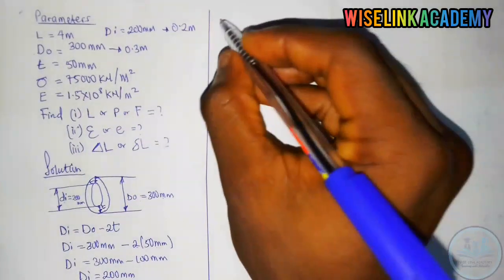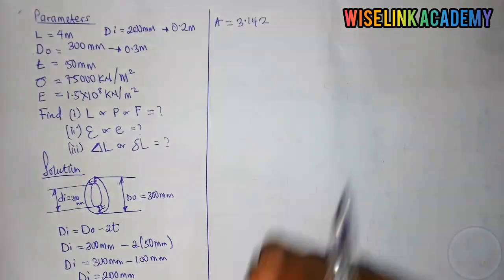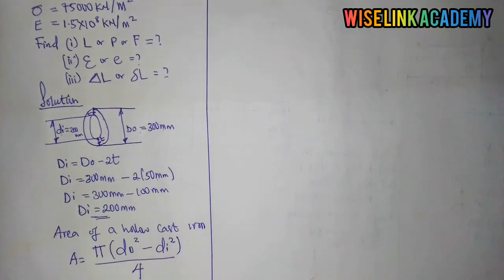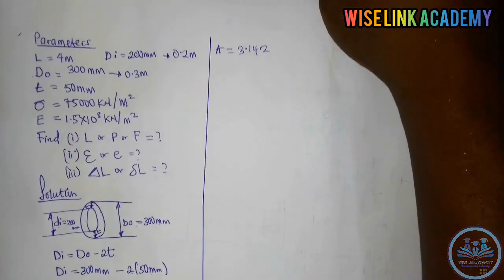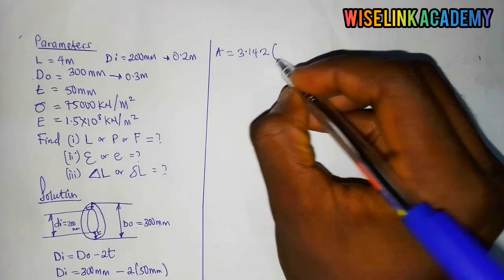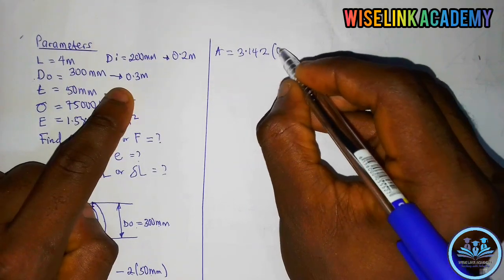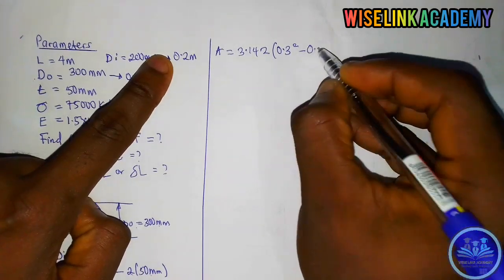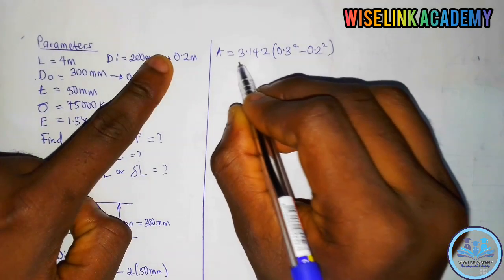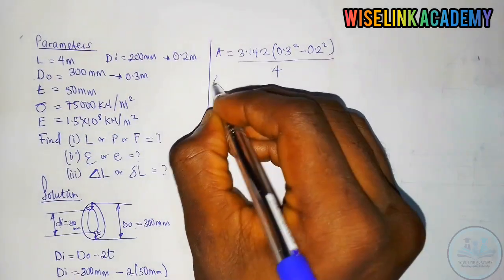A is equal to 3.142, you can see that it's pi, and pi is 3.142. So open bracket, the outer diameter is 0.3 square minus 0.2 square, over 4.